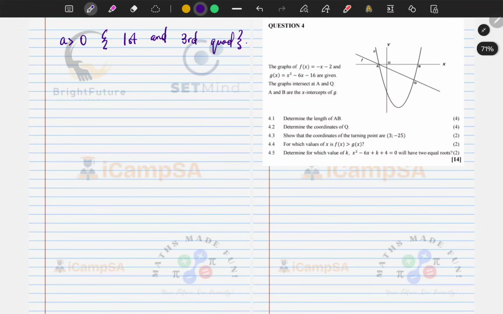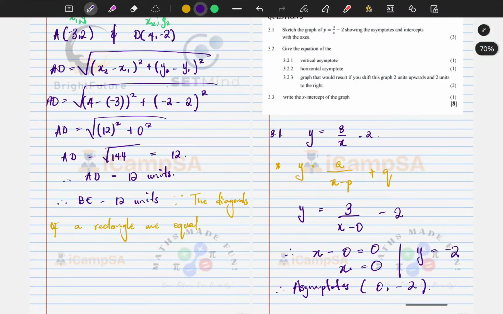Great. So now let's find the intercepts of the graph, right? That's the next thing that we need to do. Remember, we have our vertical asymptote, x equals 0, and then we have our horizontal asymptote, y equals minus 2, right?